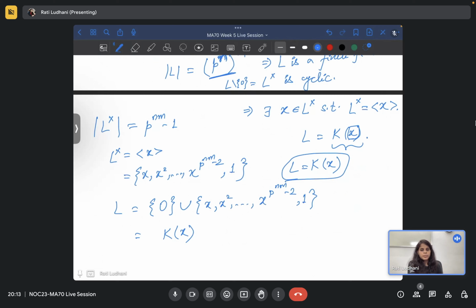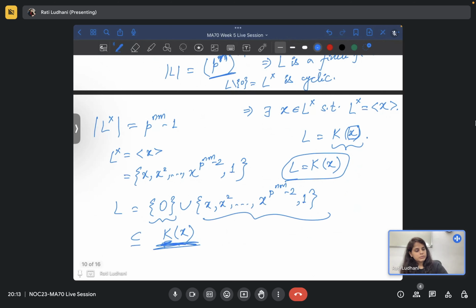K will be there also, but I'm saying you can write it to be equal to K(x), because K(x) will have all the powers of x, so all this part will be there. And K(x) is the smallest field which contains x and K, so 0 will also be there. At least you can say this.